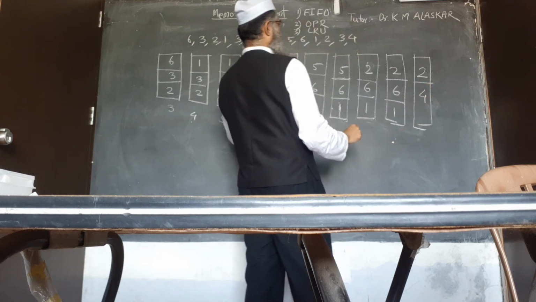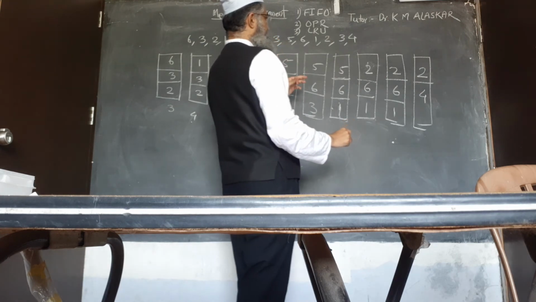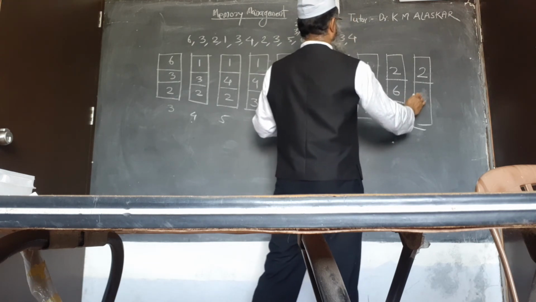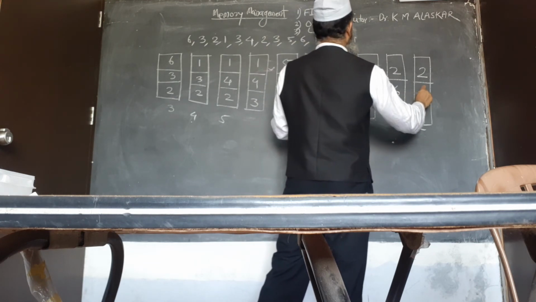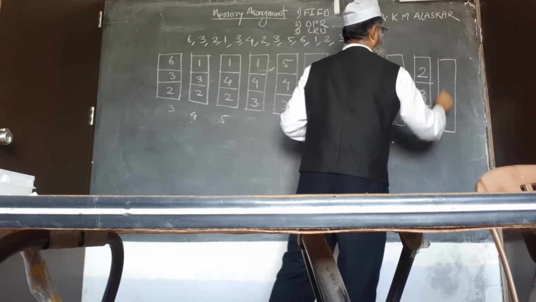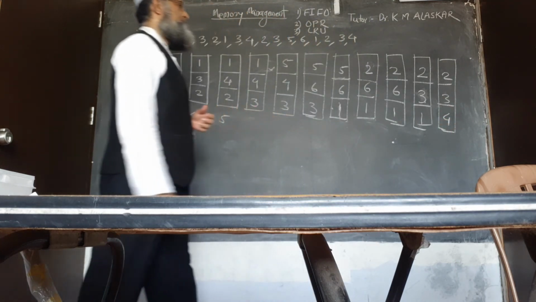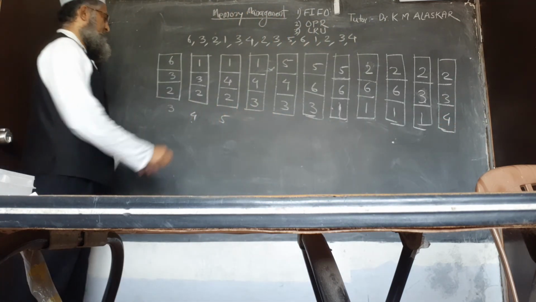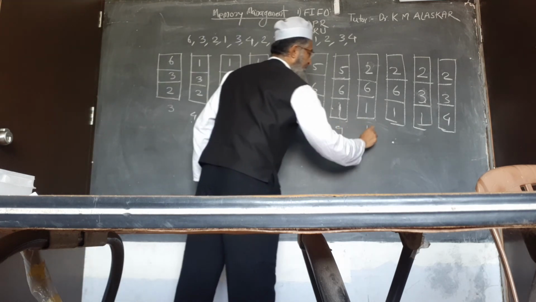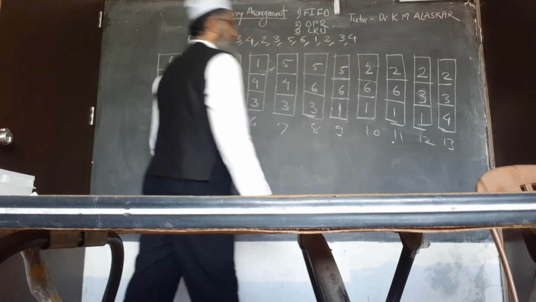Then 3, 1 and the last one is 2, 3 and 4. So total hits required will be 5, 6, 7, 8, 9, 10, 11, 12 and 13.